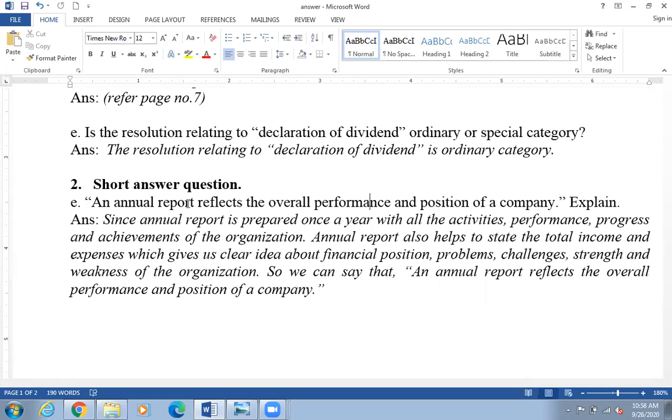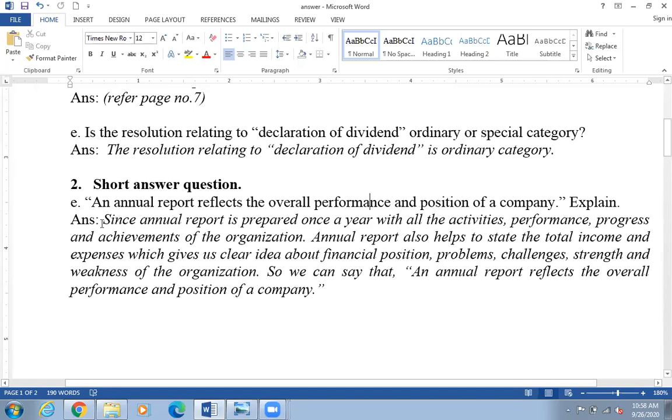Everything will be said with the help of this annual report. The annual report reflects the overall performance and position of a company. Explain. It shows all the performance and position of the company, what it has done overall in 1 year. Is it true? Let us explain.